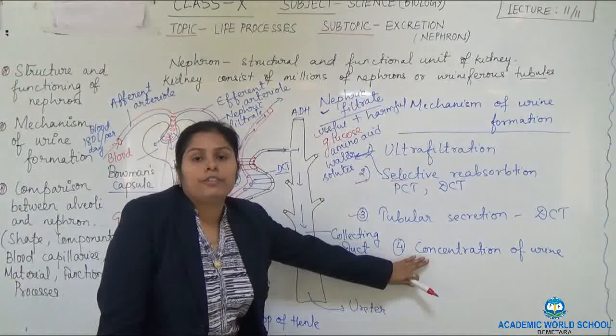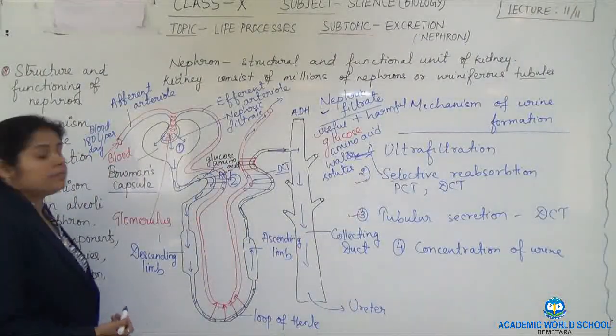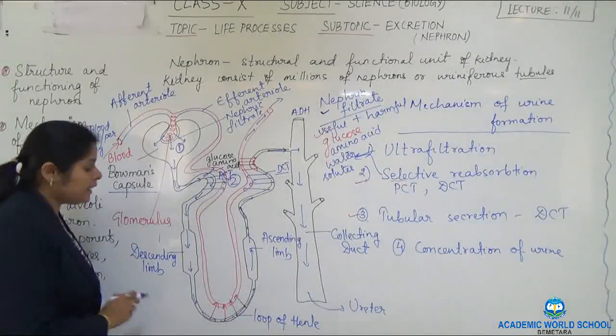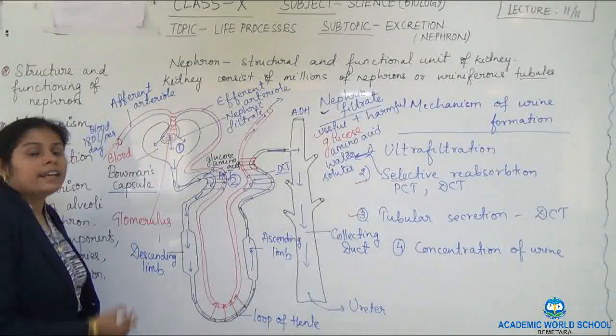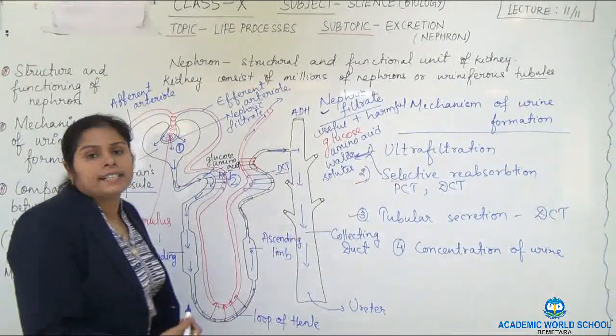This concentration of urine means 75% of the water is concentrated in the PCT. 10% is concentrated in the loop of Henle, and the rest is concentrated in the collecting duct.